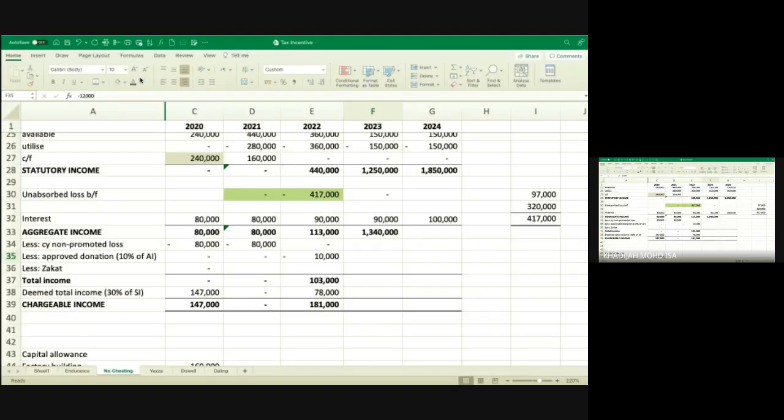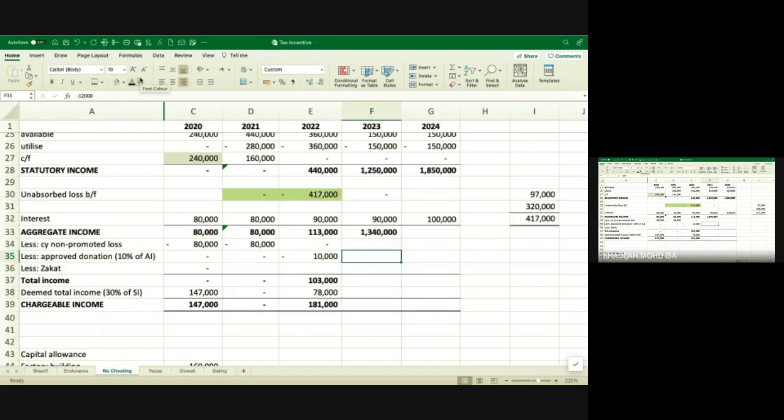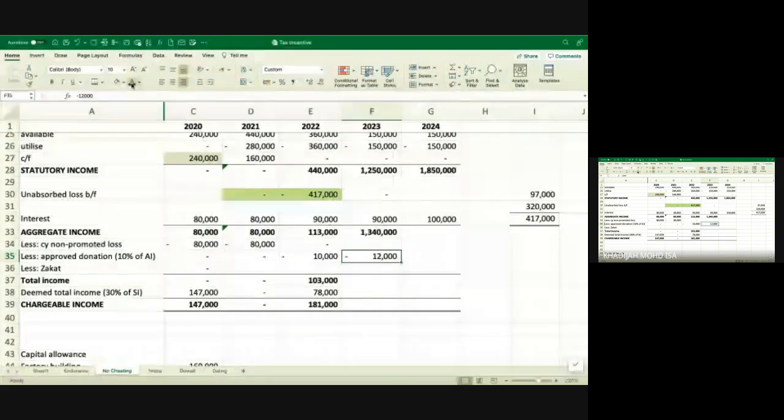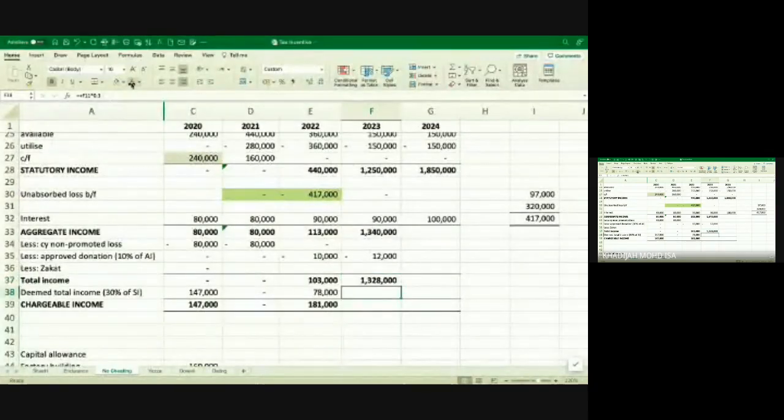Can you claim 12,000? Yes, because that one is lower than the 10% of your AI. 10% of AI is 1,340, yeah, 13,400. So you donated 12,000, so you can claim everything. So your total income is 1,328, and then 30% of your SI. So your chargeable income would be 1.523.